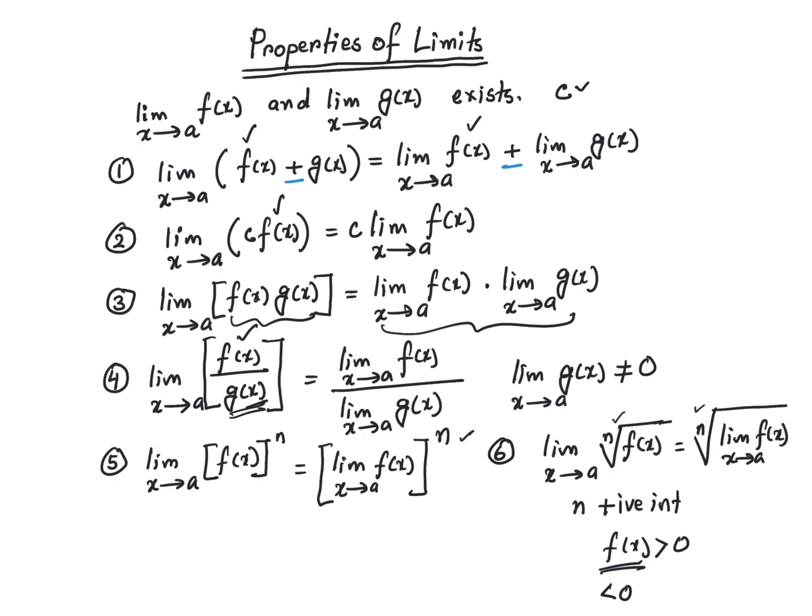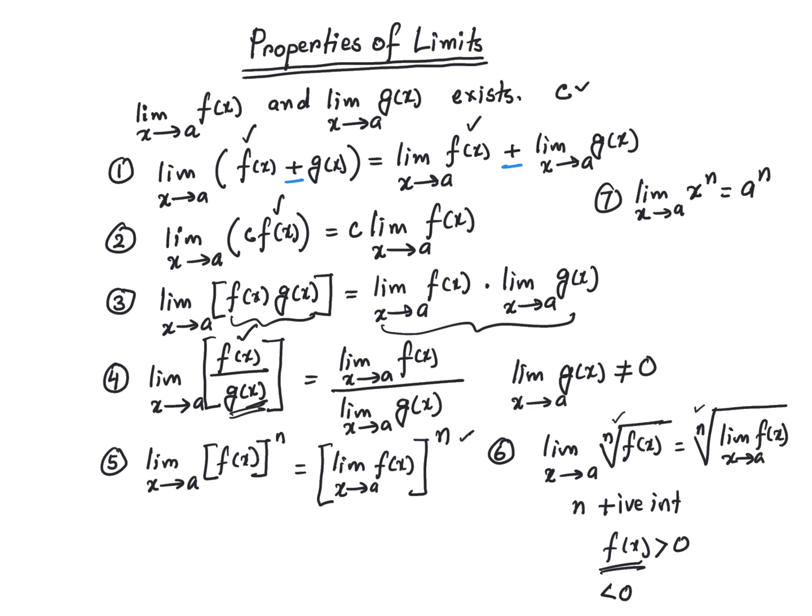And then there are a couple of other simple rules which you can keep in mind maybe. Number 7, which is this: limit x approaches a, x to the power n is equal to a to the power n, all right?